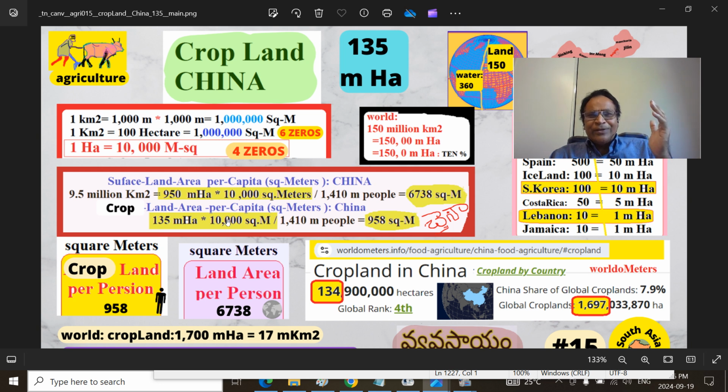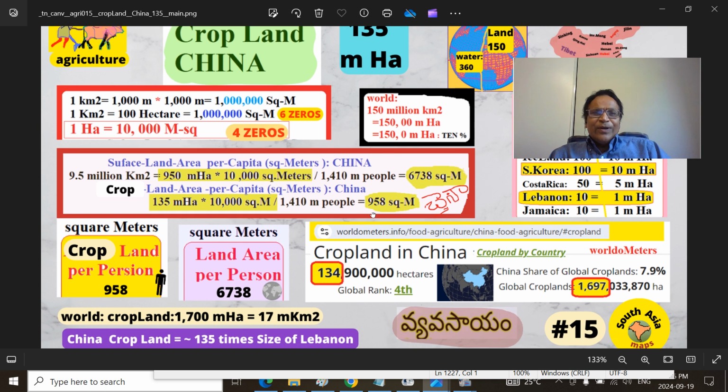And because you again divide by 1400 million people or so, you get 958. So cropland per person in China is roughly 958. You can say roughly 1000 square meters, only the cropland. That means 1000 square meters is how much?